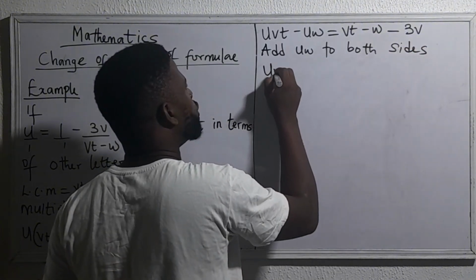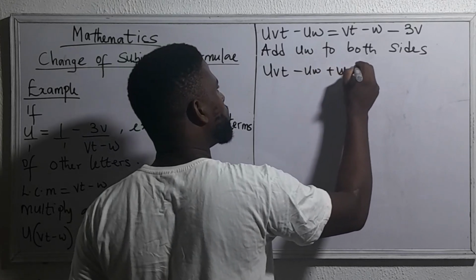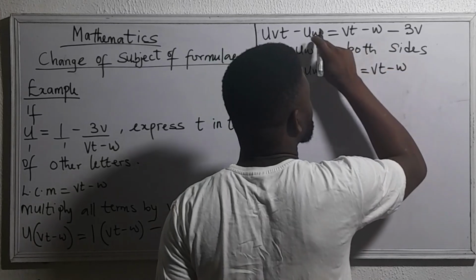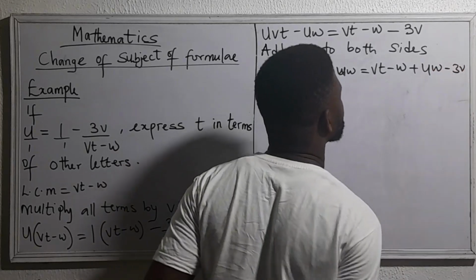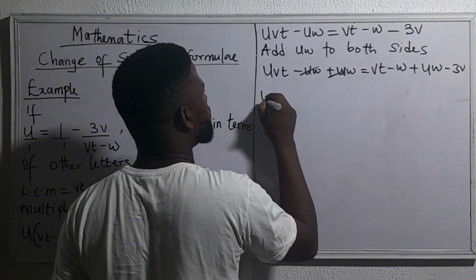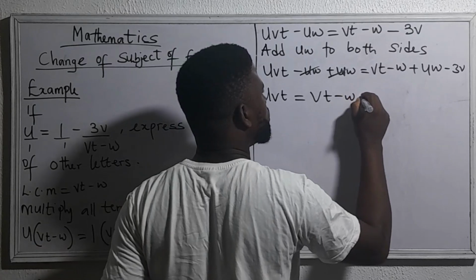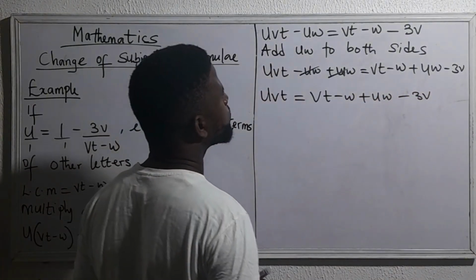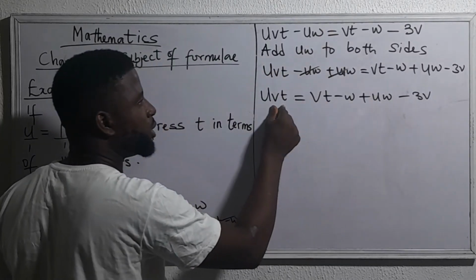So we have uvt minus uw, we add uw equal vt minus w. Since there is w, let's add it to w plus uw, then minus 3v. So minus uw we cancel out plus uw. So we have uvt equal vt minus w plus uw minus 3v. Now, we need to also delete vt from this right hand side so that it will come to the left hand side.